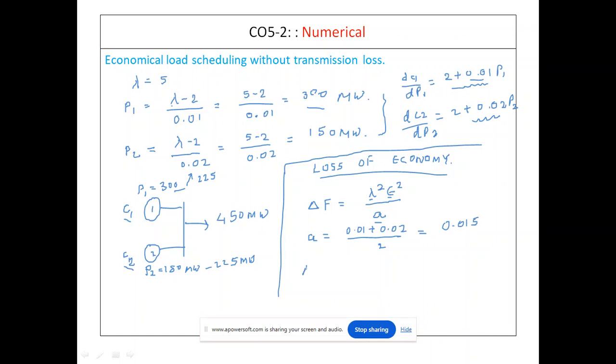Okay, now substituting this value in this equation, delta F equals 5 square, since the lambda value is 5, and let us take this epsilon as 0.01, that is the deviation, divided by 0.015. Let me calculate this value.